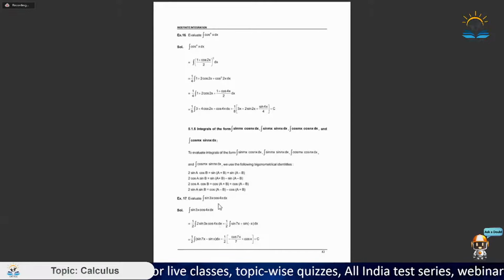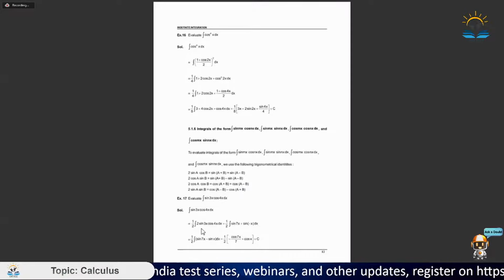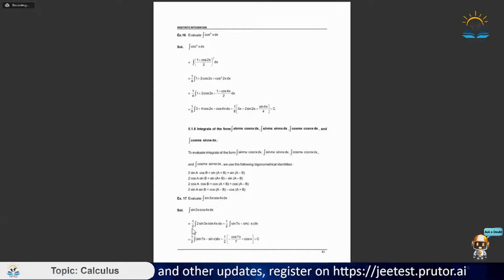We are continuously taking a look at the questions so that we get to know these forms. Till now we have covered five forms. This is the integration of sin 3x cos 4x dx. What we have done here is multiplied by 2 and divided by 2, and this becomes 1 by 2 of (sin 7x plus sin minus x) dx.